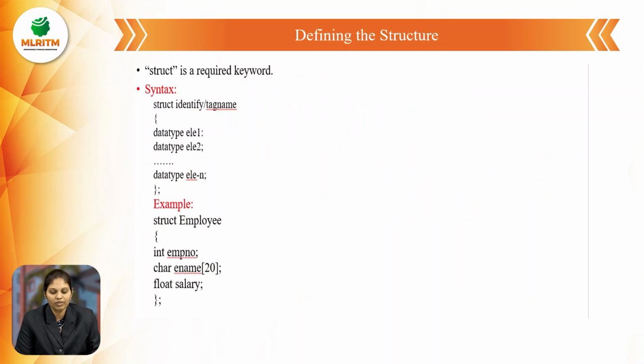By using the keyword struct. The syntax is struct followed by the tag name, the name of the particular structure. Then we list the different data elements, element 1, element 2 and n number of elements.